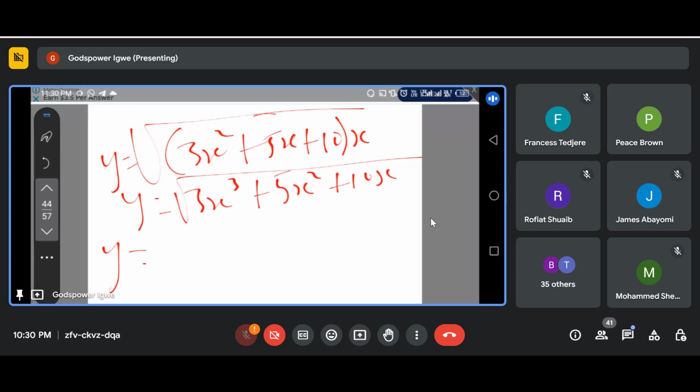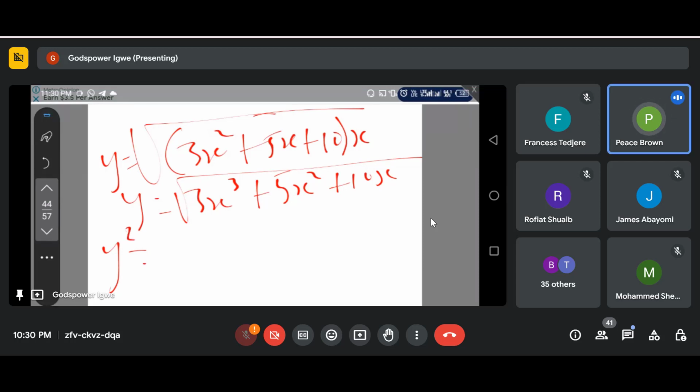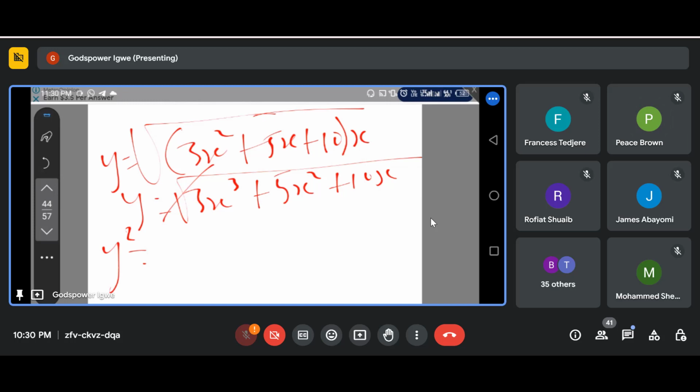I don't know what to do here now. How about squaring both sides, sir? Let's square both sides, as I said. So that this will now be 3x cubed plus 5x squared plus 10x. We are still going to end here. What are we doing? Nothing else.